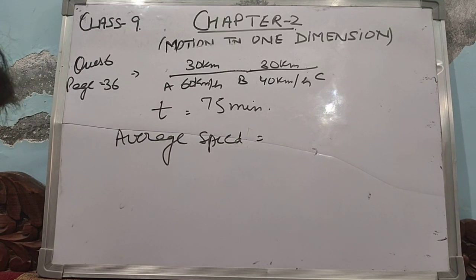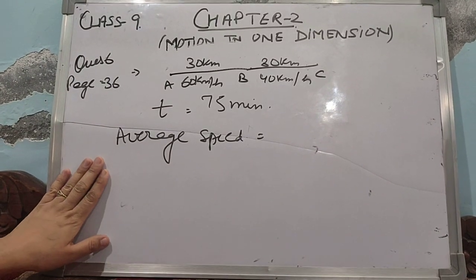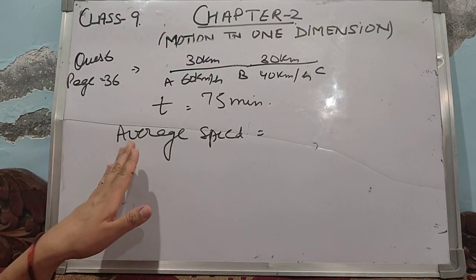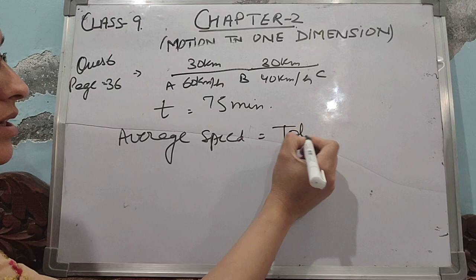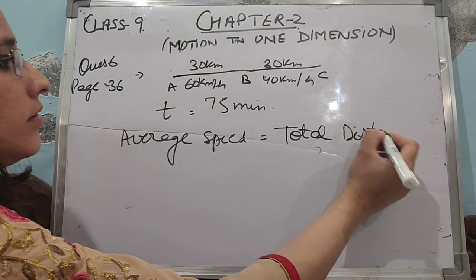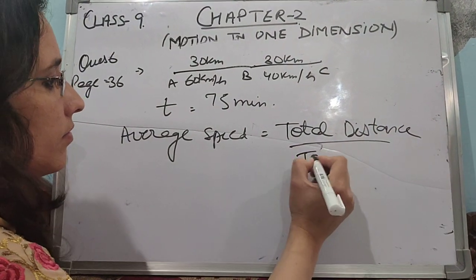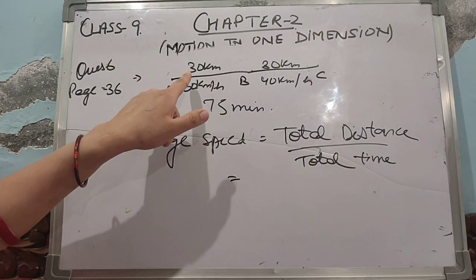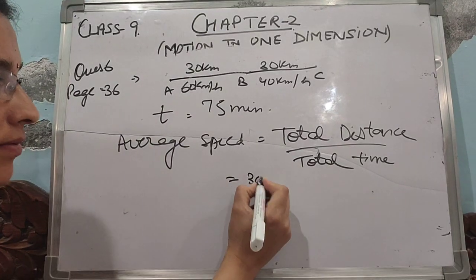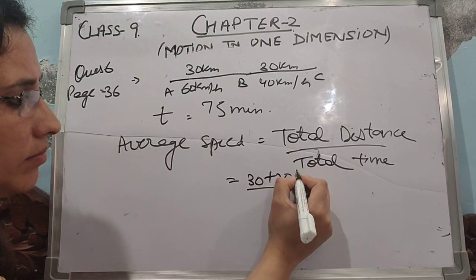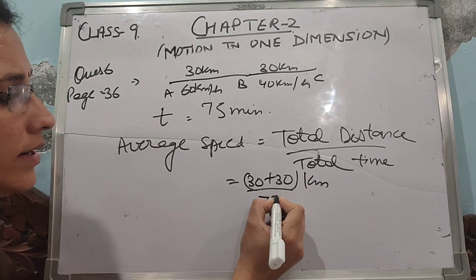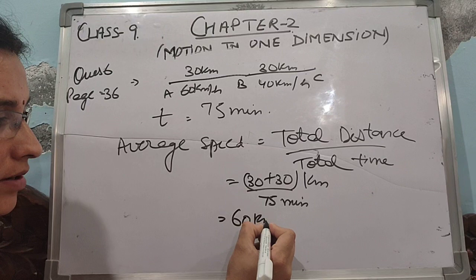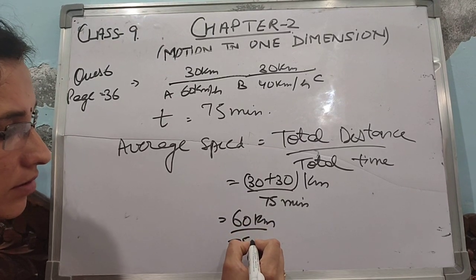Now students, the next part is you have to find the average speed of the car. As I've already told you, the formula for calculating average speed is total distance upon total time taken. Here the total distance is 30 plus 30 kilometers, that is 60 kilometers. And the total time is 75 minutes. Can we convert minutes into hours?